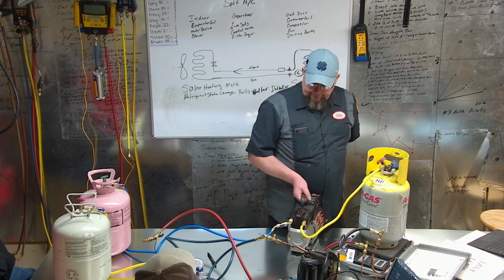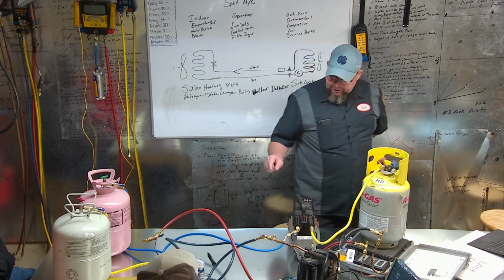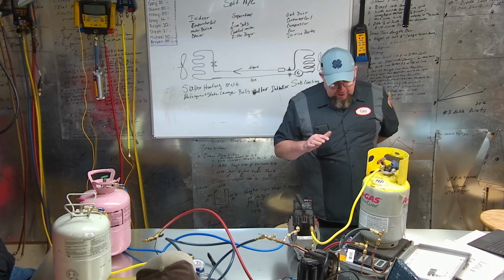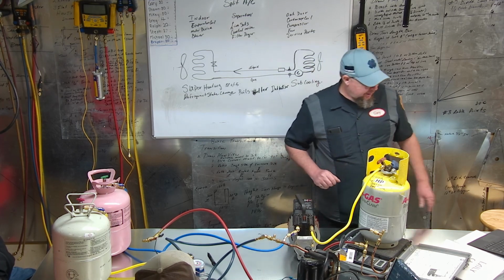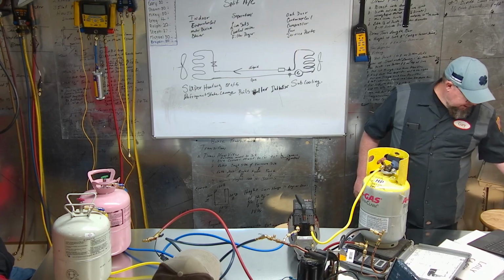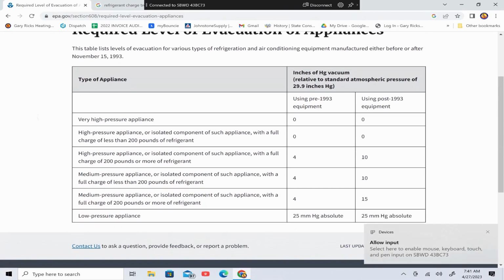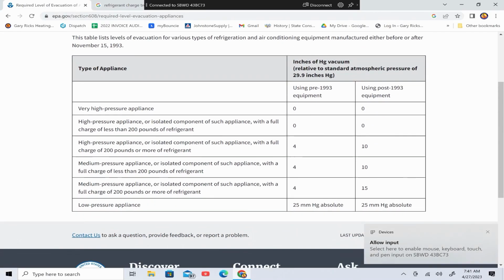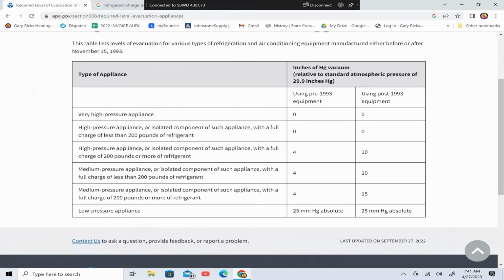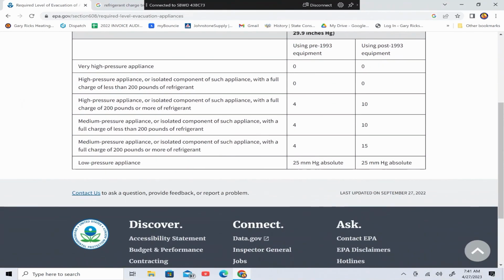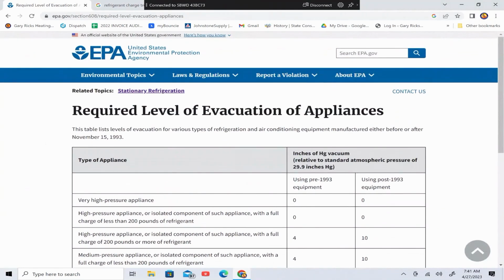And it's equalized. So now I need to know what do I need to pump this system down to be within the law. Bring it back to my computer. On EPA's website, you can find a required level of evacuation of appliances.